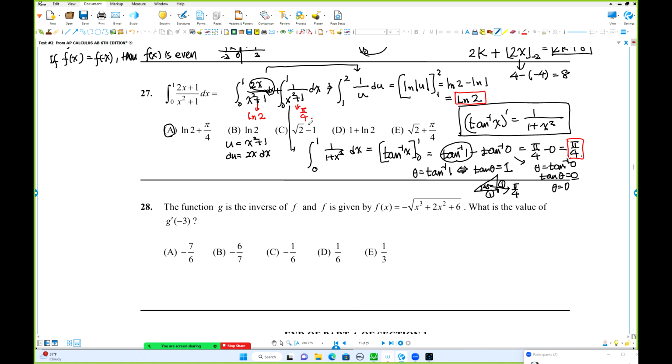So this is a combination. Actually, this one is a combination of u-substitution and inverse trigonometry, okay? Inverse trig function.